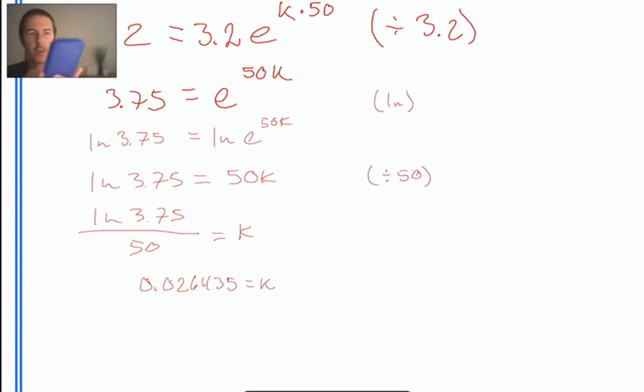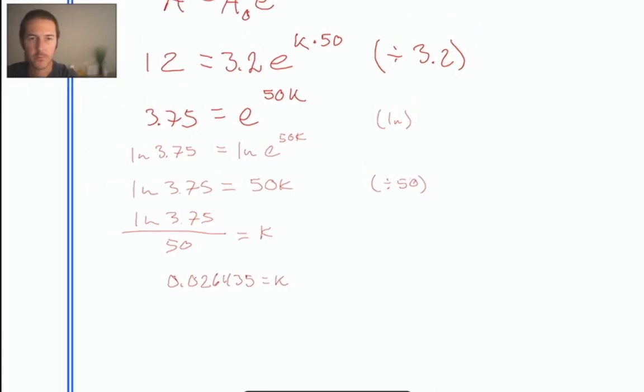So let me hit x, so that now it says ANS for answer, and there's a little arrow pointing at the x, which is going to take this gnarly looking number 0.0264351168, and it's going to store it in my x variable. So if I need to use that exact value again, I don't have to type it in again, I can just use the variable x. So let's set that aside and go back to paper and pencil.